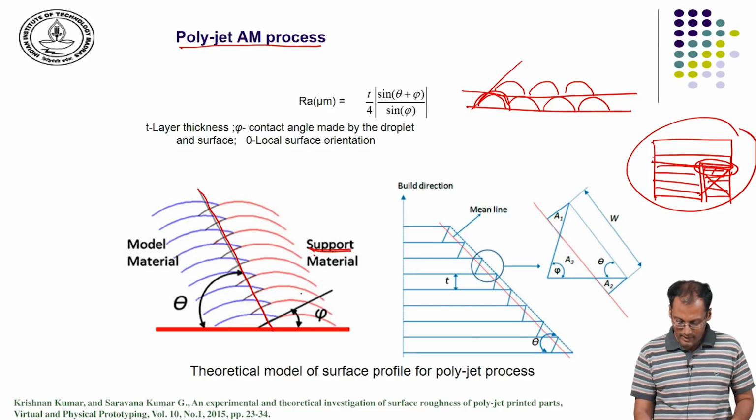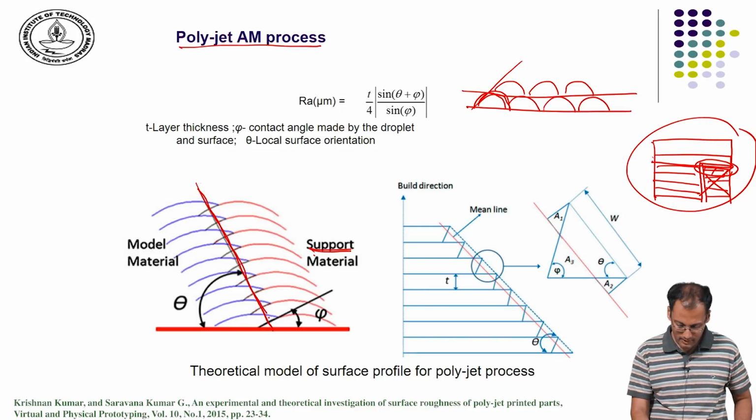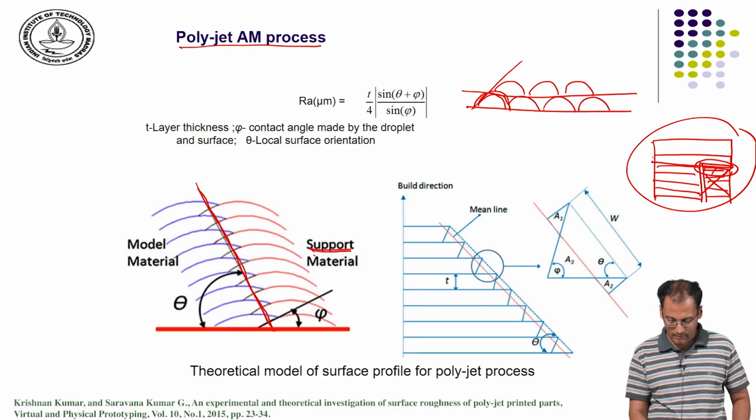So, if I have the support material which is marked in red and the model material which is marked in blue, because of the drop formation and the model orientation, the surface irregularities, as one can see at the junction of the support material and model material, will be present, which will create the surface aberration.